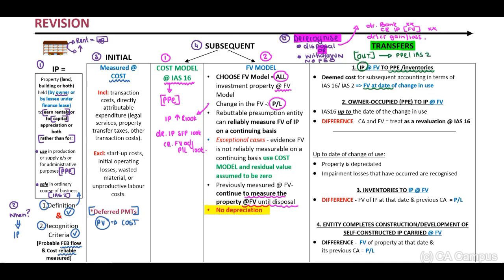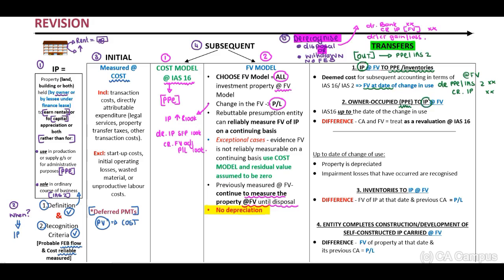Therefore, your journal entries will be to debit your PPE or inventory at fair value on the date of transfer and to credit your investment property. Take out the asset.